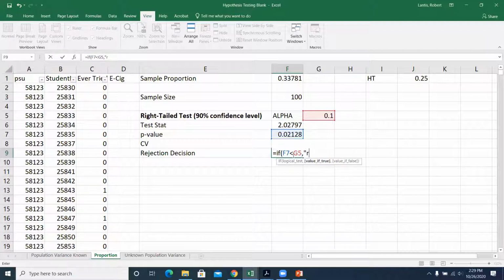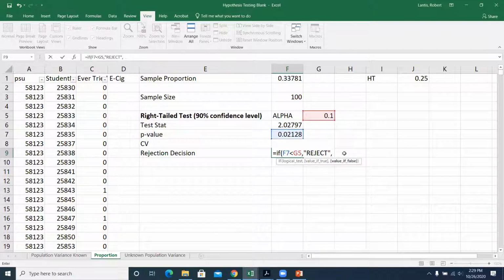Well, I want to put the word reject in. Now, if I want this cell to display text, I have to put that text in quotation marks. So if the p-value is less than alpha, which it definitely is here, this cell should spit back out at me the word reject. I then put another comma.